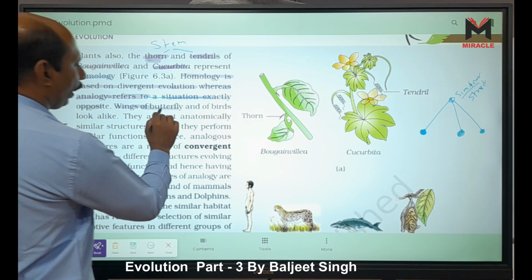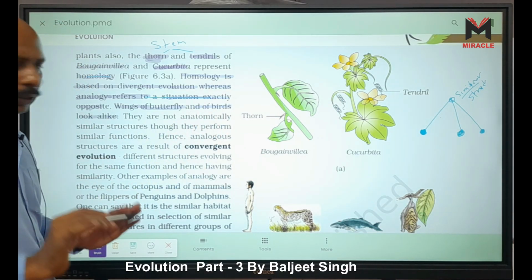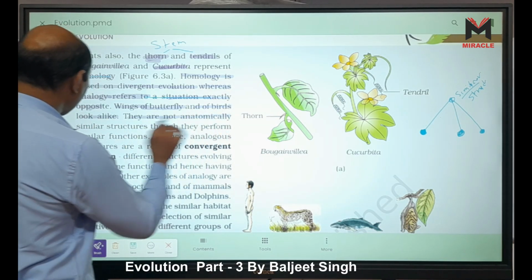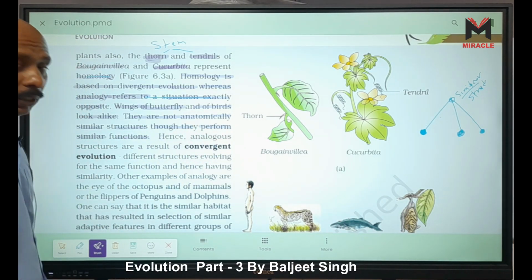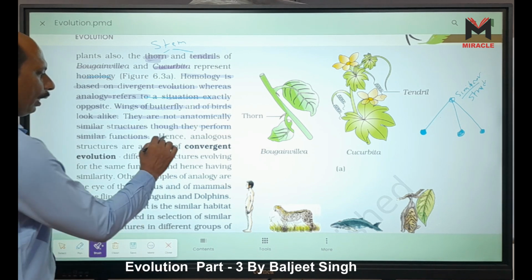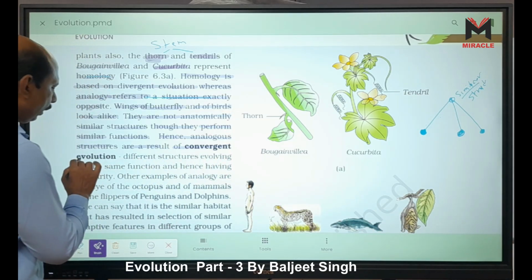Wings of butterfly have no bones, but those of birds have bones. They are not anatomically similar structures, but they perform a similar function: functionally the same but anatomically different. Hence, analogous structures are the result of convergent evolution.